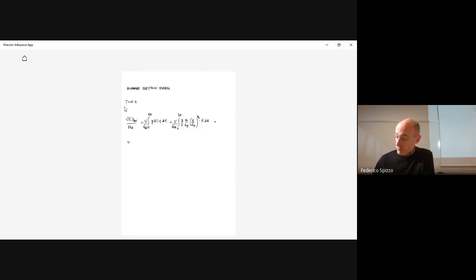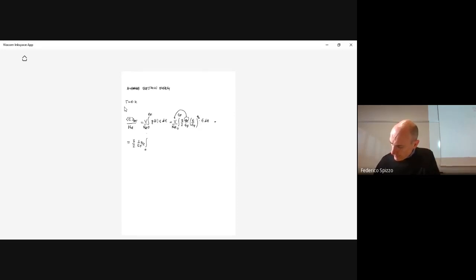Here I have the electronic density. If I multiply the electronic density by the volume, I have the number of electrons. Due to the fact that I divide by the number of electrons, the number of electrons disappears because I have it at the numerator and the denominator. So here I'm just left with 3 divided by 2, 1 divided by EF to the power of 3 divided by 2, because I have one EF here and another EF within the parentheses.